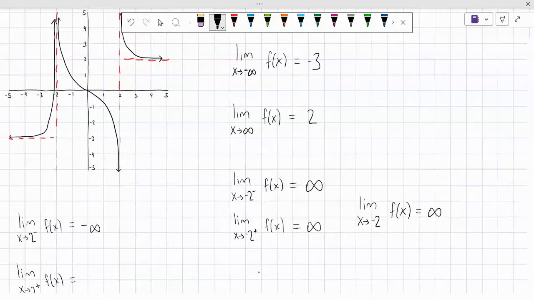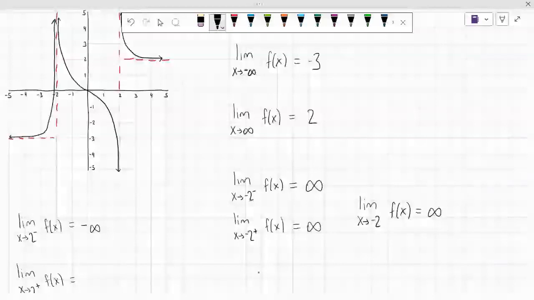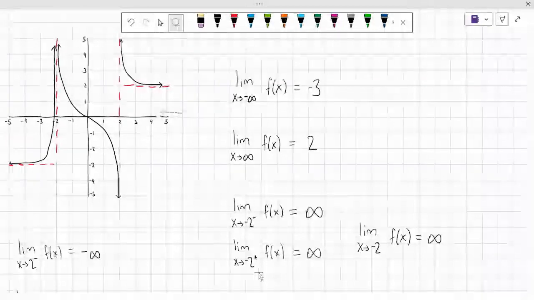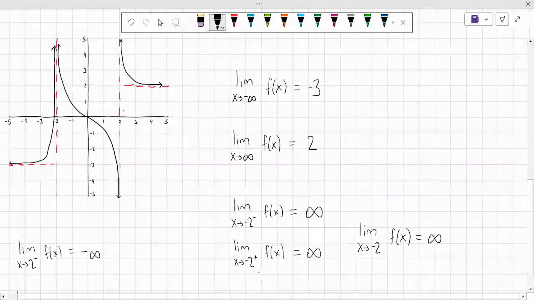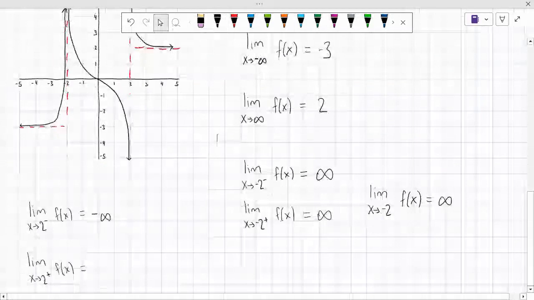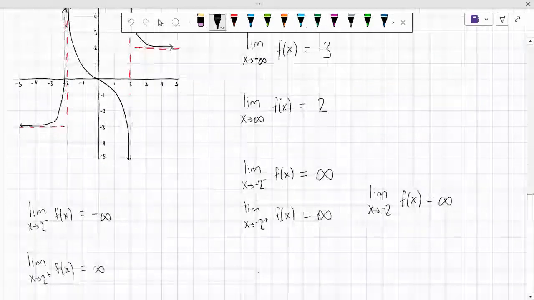So we're going to say that this function approaches negative infinity as x approaches 2 from the left. As x approaches 2 from the right, though, we can see that the function goes out to infinity. So the limit as x approaches 2 from the right is positive infinity.